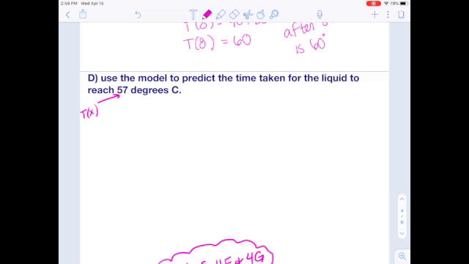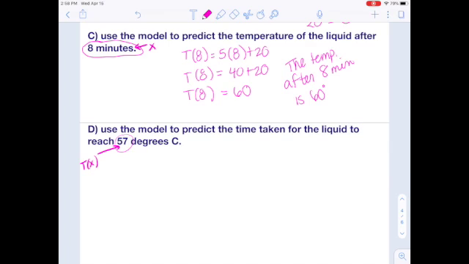Now we're going to use the model to predict the time taken for the liquid to reach 57. Now they give you the y value, and they're asking you to solve for time, which is our x value. So we have 57 as our T of x. So we're going to take our equation again and plug in. 57 is equal to 5 times x plus 20, and just solve that. You get 37 is equal to 5x.